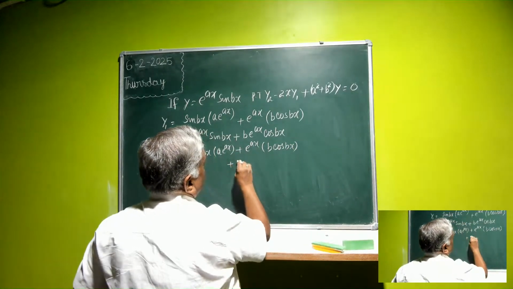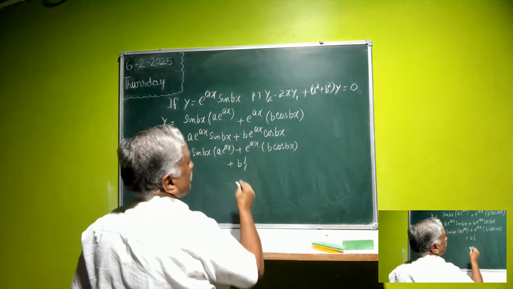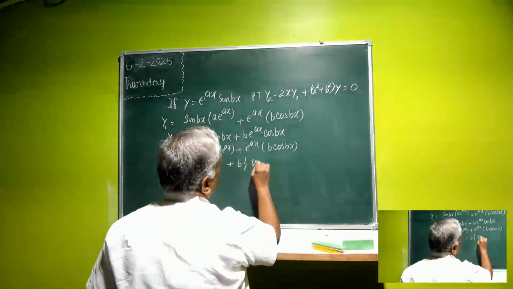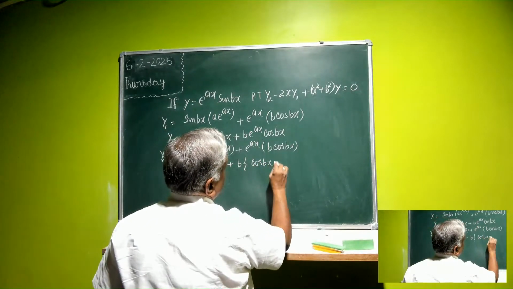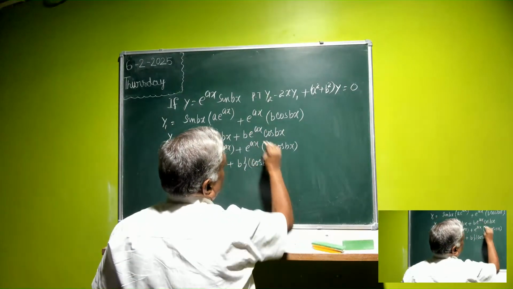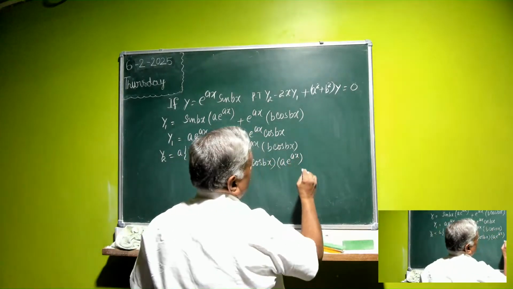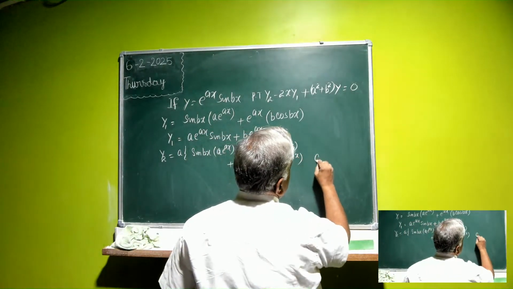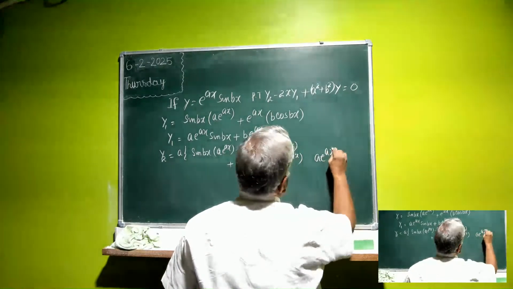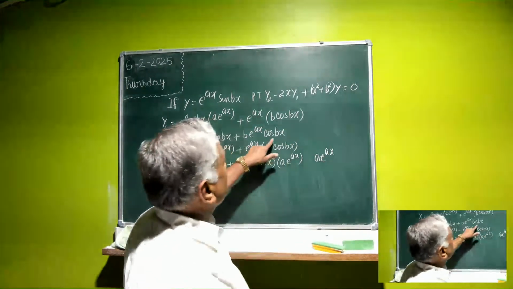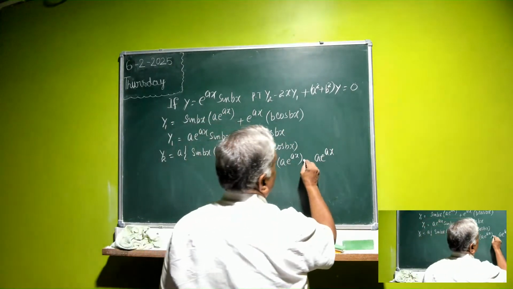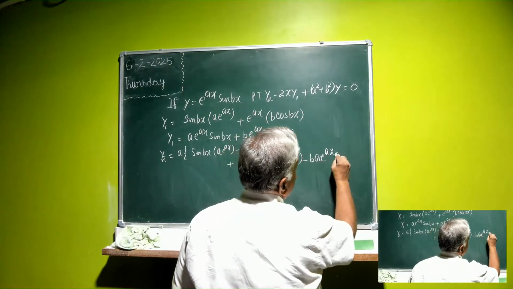Plus you keep b outside because b is a constant. Again product rule: keep cos bx as it is, differentiate e power ax. Now keep e power ax as it is, and differentiate cos bx. You get minus b sin bx.